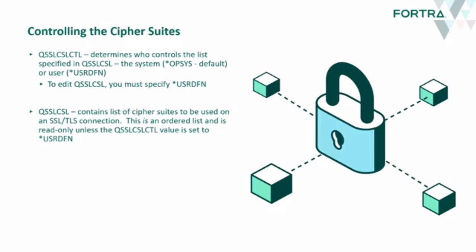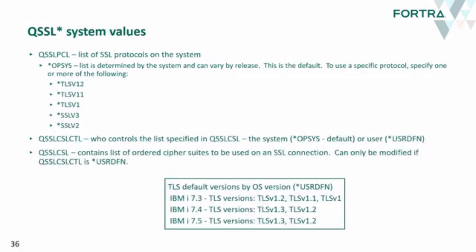So we want to talk about how those are configured. Now, by default, at V7R4 and V7R5, these are at best practice when they're set at *OPSYS. You have a reduced number of protocols and ciphers. So those protocols, this is the third piece of the encrypted configuration.